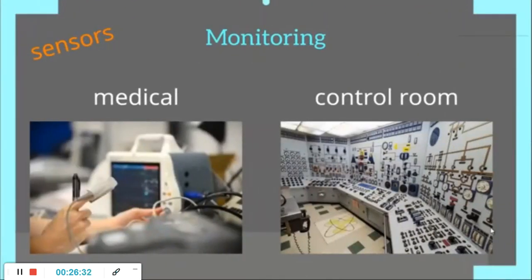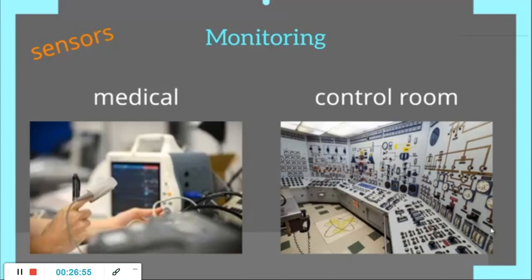Monitoring is based on sensors. Several sensors can be deployed and the data they gather can be monitored. An example would be in a medical application, where the heartbeat of a person can be monitored by the doctors.